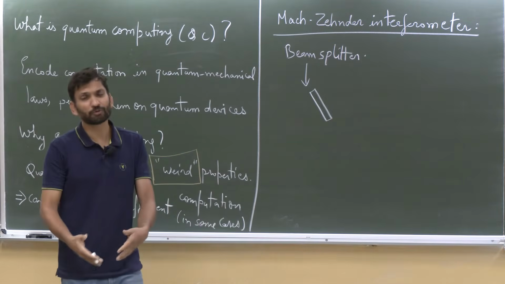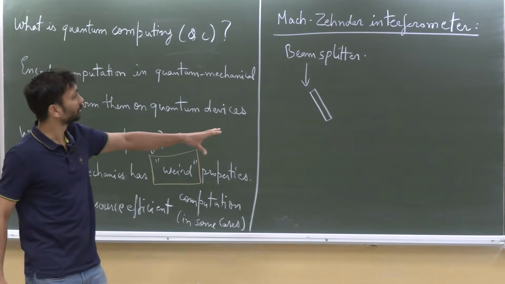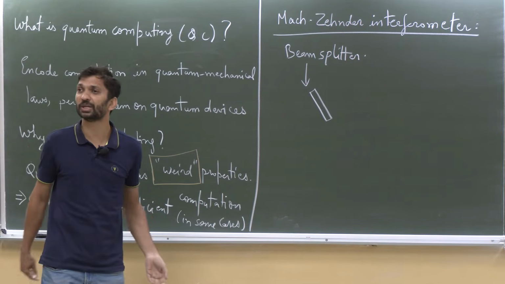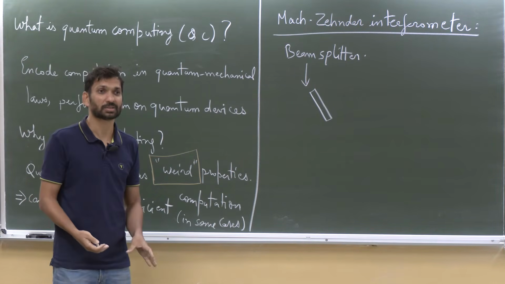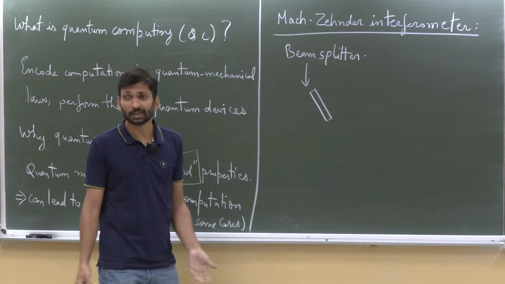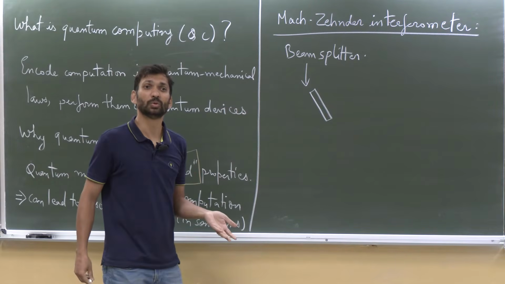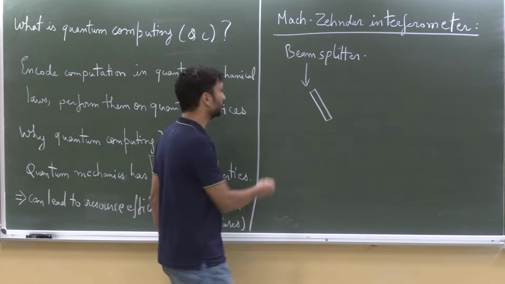These are going to be all physical objects, quantum physical objects, which will later be converted into some kind of operations on your quantum bits. Okay. So now this is a beam splitter, and as its name says, it is going to split the beam. What does it mean?